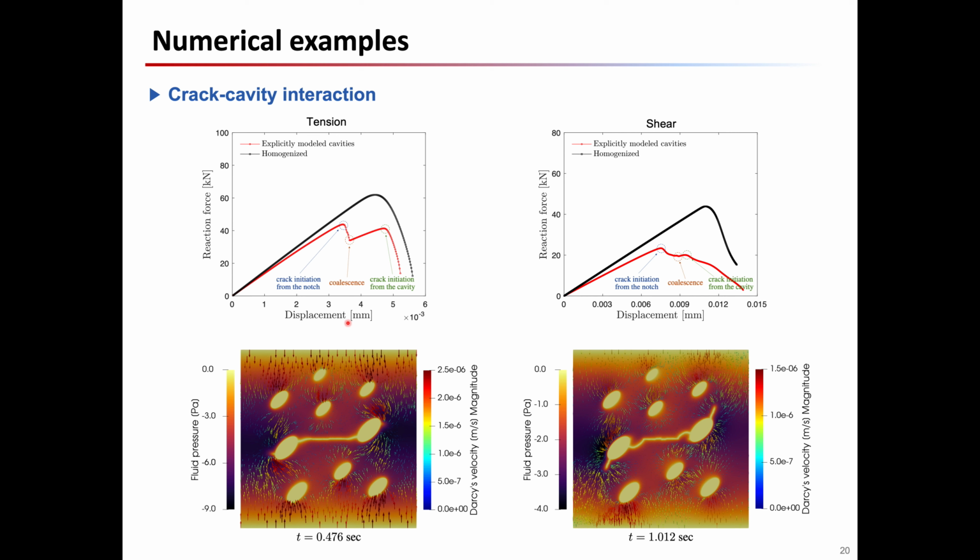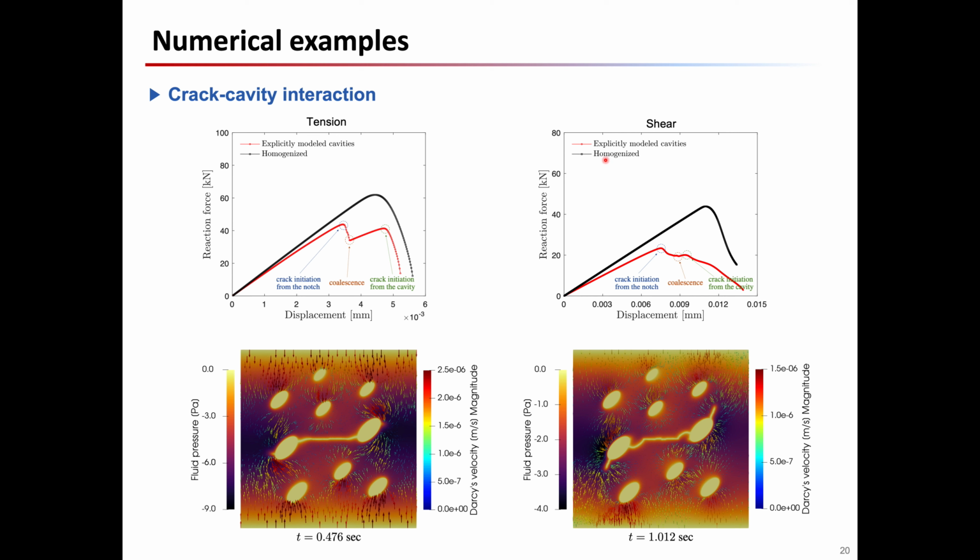More importantly, the global force displacement curves reveal that neglecting the interface between the cavity and crack in the homogenized model may lead to oversimplified global responses that lack the distinctive characteristics of the crack cavity interaction.